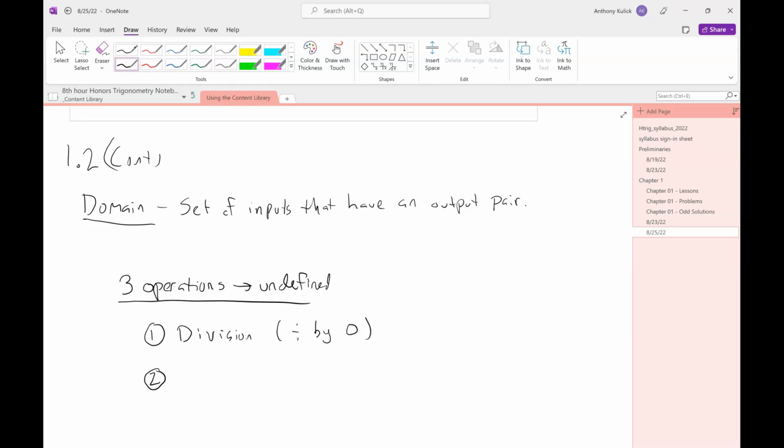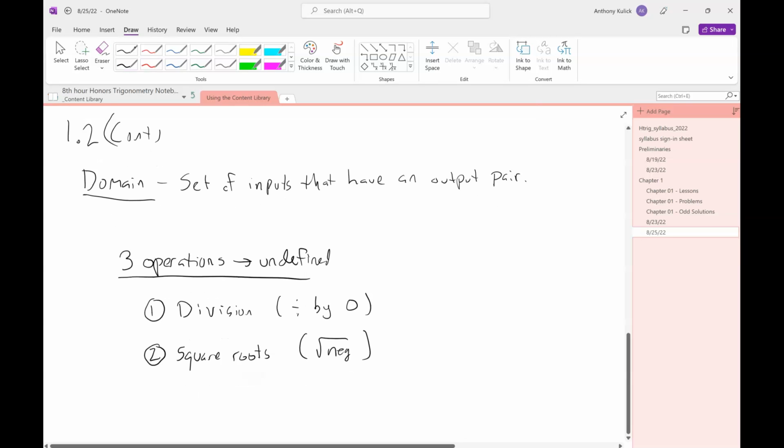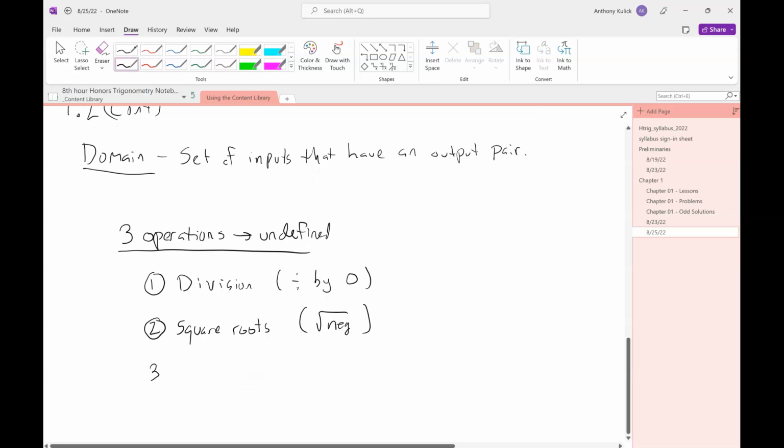Yeah, Katie. Square roots of what kind of numbers? Yeah. Good job. Everybody's cool with that? And there's one more.